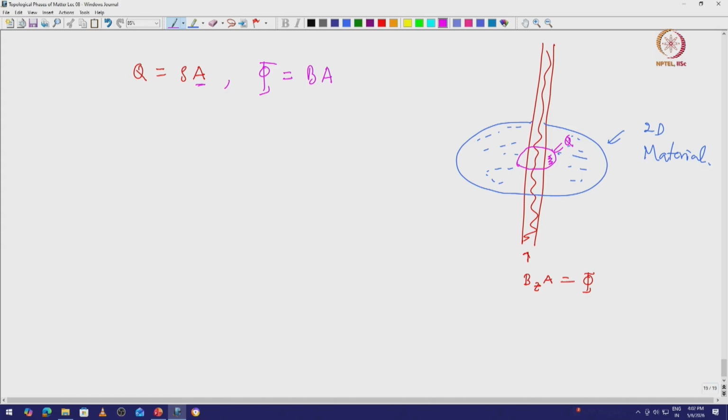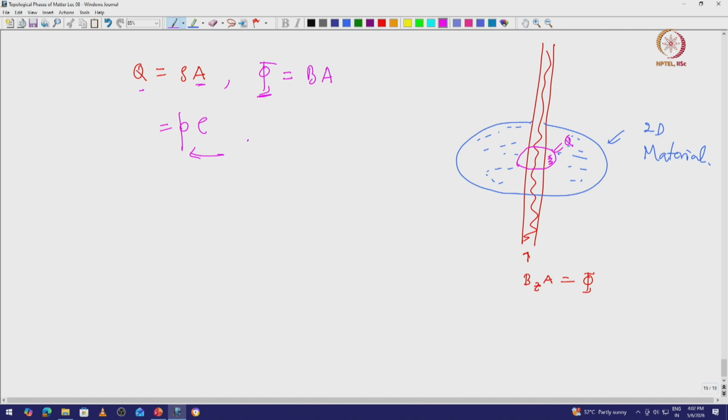Now, the charge is the number of electrons, which is equal to P times E, because the total charge cannot change by any fractional value. It has to change by an integer value.